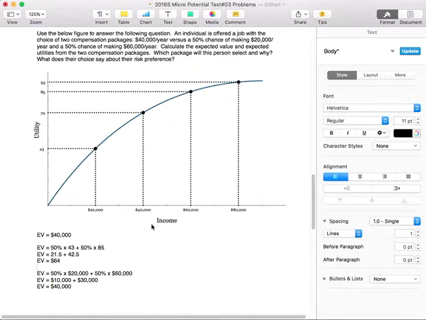What's the expected utility of a guaranteed $40,000? That is equal to 70.